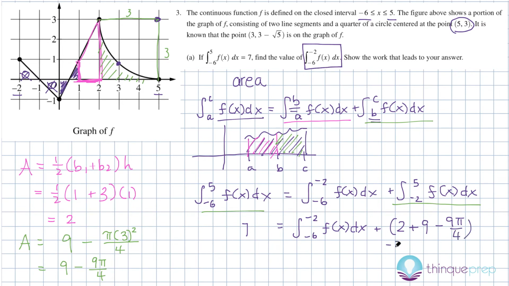So then to balance both sides, we'll minus a 2 minus a 9 plus a 9 pi over 4. So then we get that the integral from -6 to -2 is -4 plus 9 pi over 4. And that's your answer.